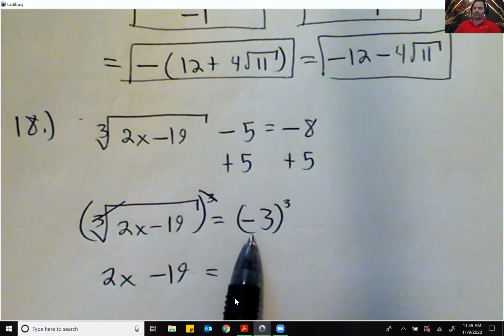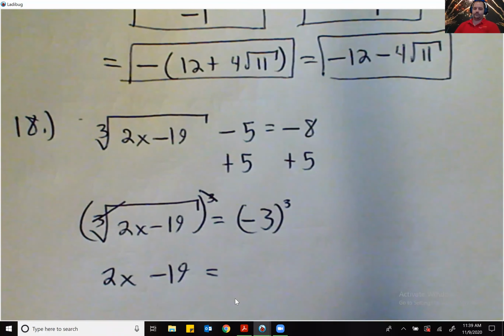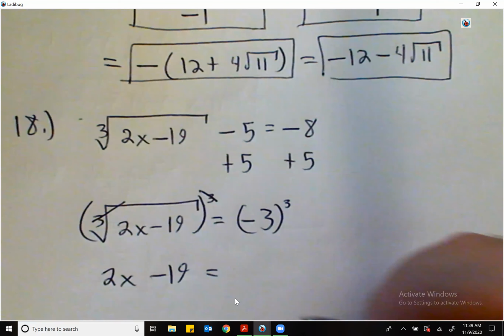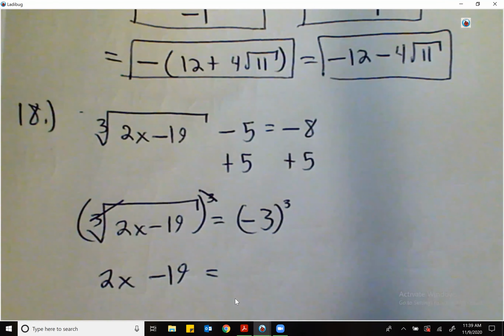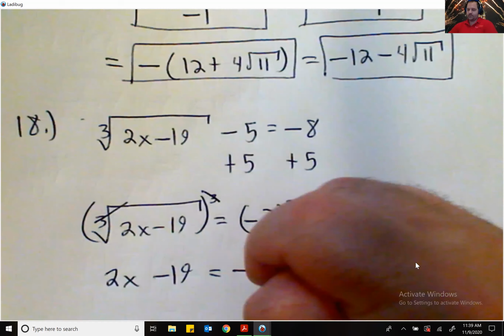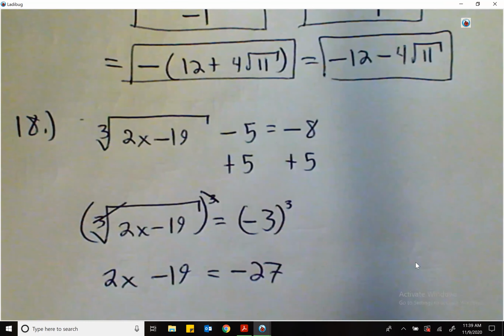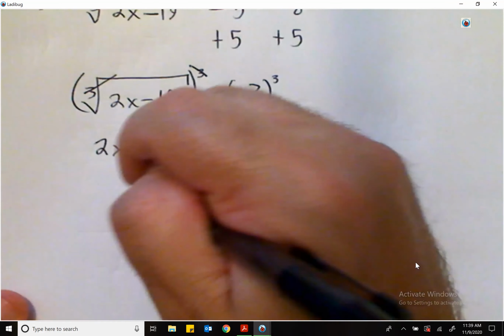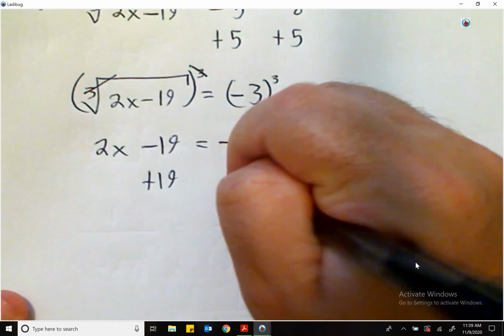And what's negative 3 cubed? Negative 27. Perfect. And now what do we do? Add 19 to both sides. You got it.